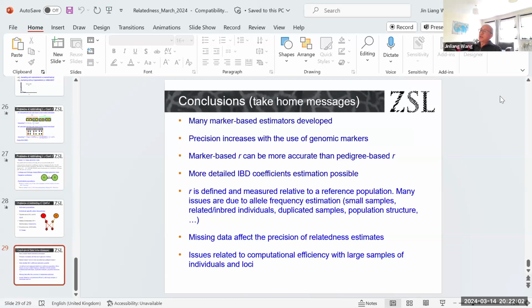Relatedness estimation is different from genealogical relationship inference, like full sibling inference or parentage inference. With those relationship inferences, genotyping errors and allelic dropouts could affect a lot if you are not aware of the problem and do not take appropriate measures to account for it.